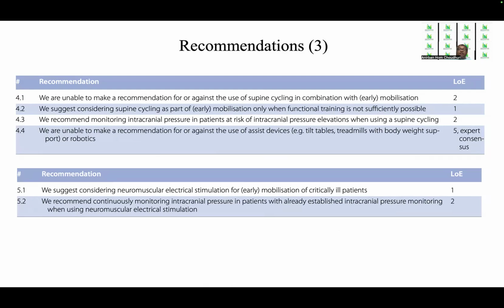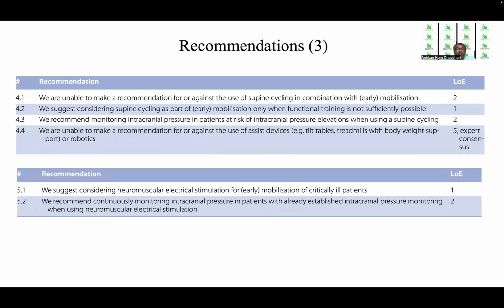So there are certain recommendations, and some of them have level 1 evidence. They suggest considering supine cycling as part of early mobilization only when functional training is not sufficiently possible. Now, there are different ways to understand functional training, so it is not always the same as it may appear.